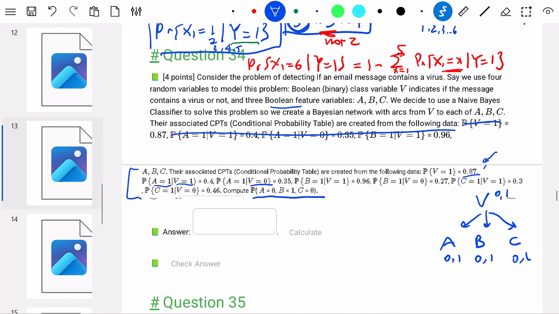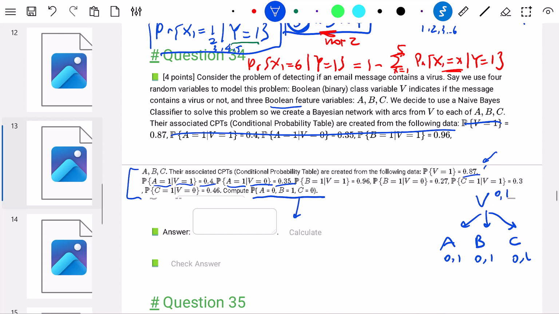Similarly, given V is 0, the probability of A being 1 we have, so we can compute the other one. A being 0 is just 1 minus that, which is 0.65. Note that these two numbers do not sum up to 1, and they don't need to. And so we have the same thing, 2 values for B and 2 values for C.